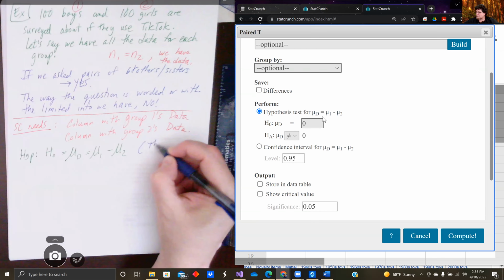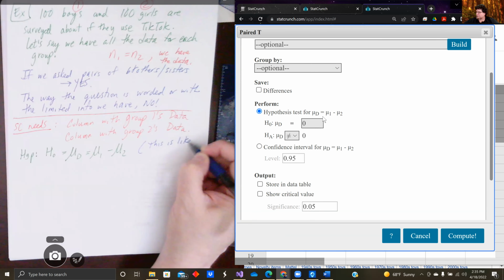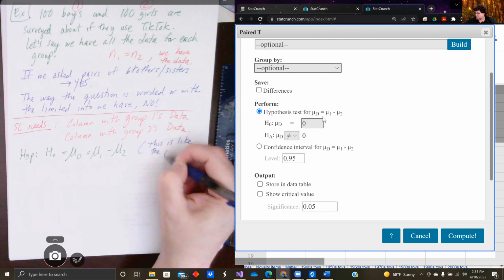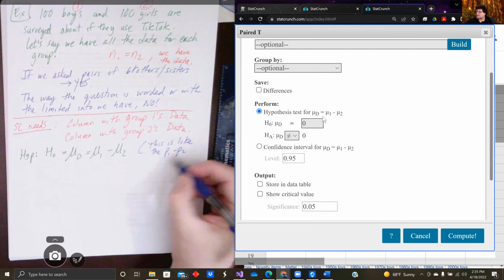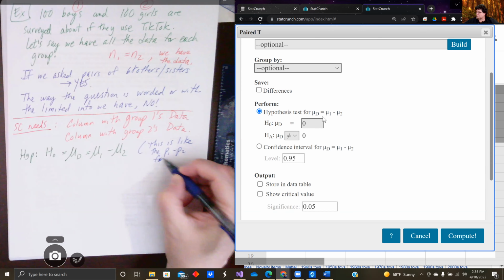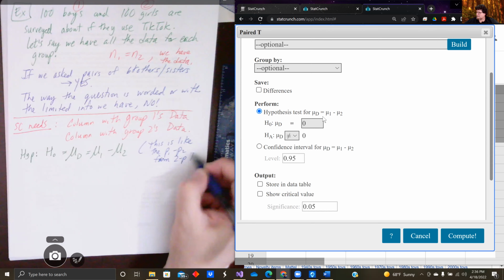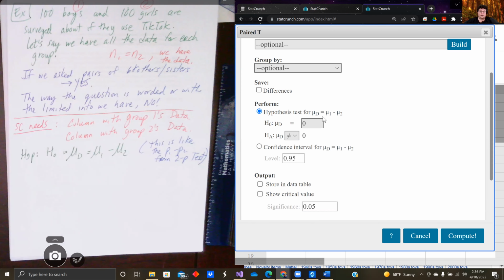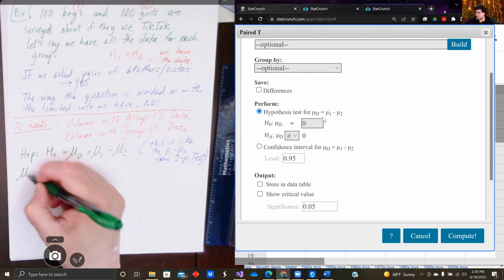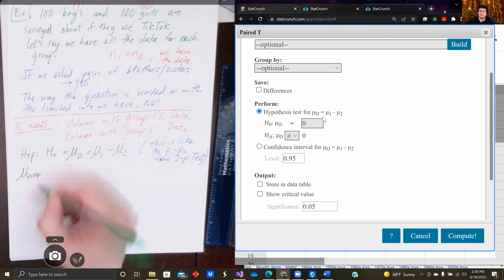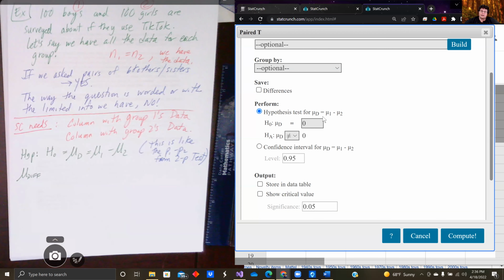This is like the P1 minus P2 that we did before from the 2 proportion test. Okay. And they use that D for difference. Difference means subtraction. So mu D is mu difference. It's like what is the mean of the difference?